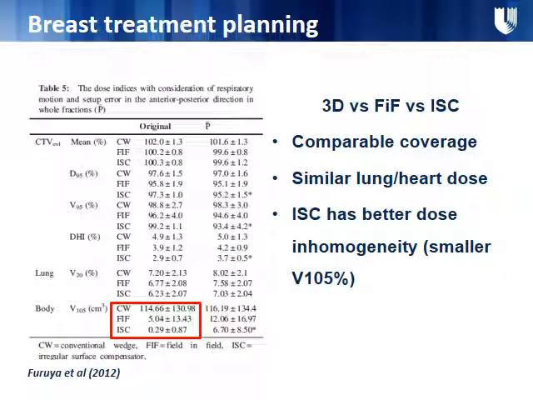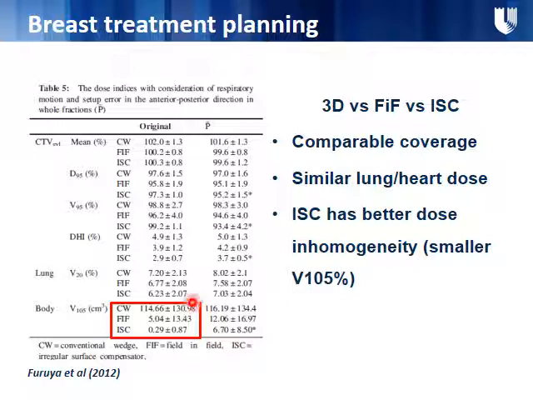There are some studies done to compare different treatment planning techniques. This specific study compared 3D CRT, field-in-field, and irregular surface compensator techniques. The results showed very comparable target coverage and similar lung dose and heart dose among all three techniques because they all use the very same beam settings and same aperture openings.